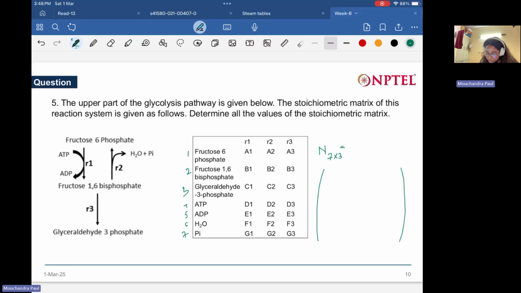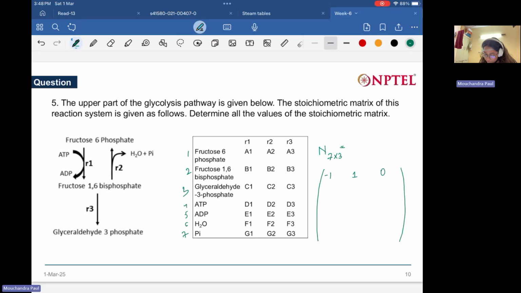Now, if you look at fructose 6-phosphate, in reaction 1 it is a reactant. Then fructose 6-phosphate is a product in reaction 2, and it is not involved in reaction 3.